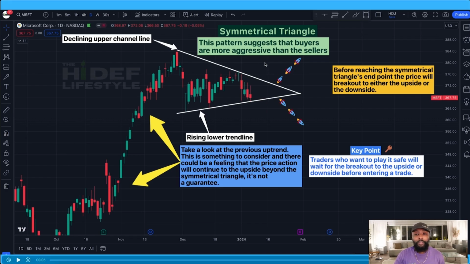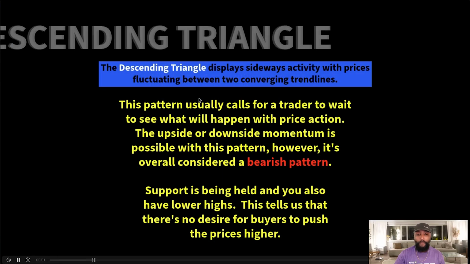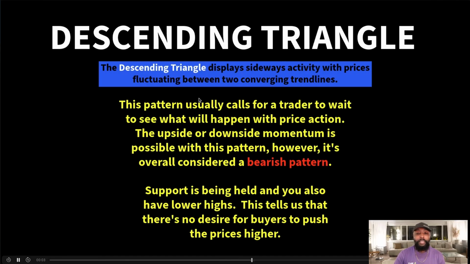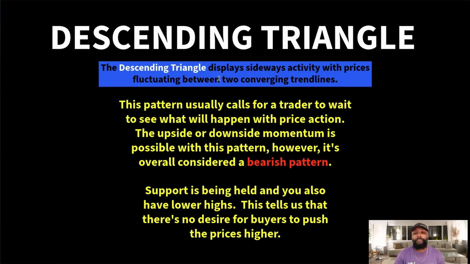Okay, so this is another example of that symmetrical triangle. All right, descending triangle. It displays sideways activity with prices fluctuating between two converging trend lines. Now, this pattern usually just calls for a trader to wait to see what will happen.